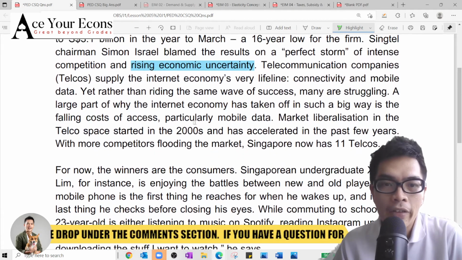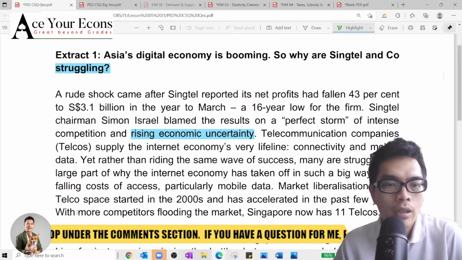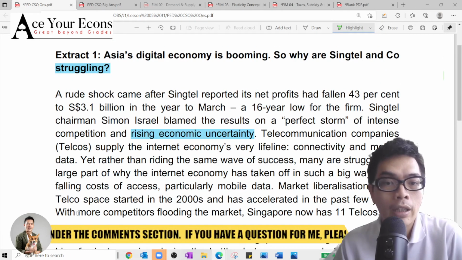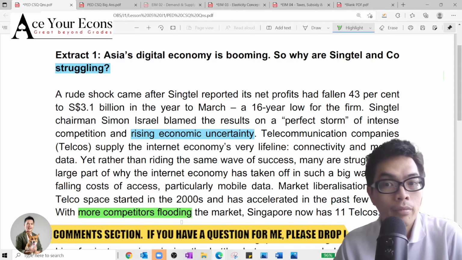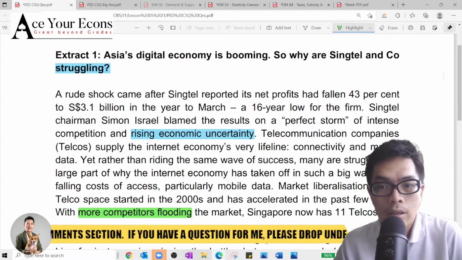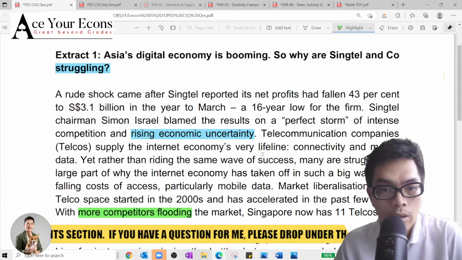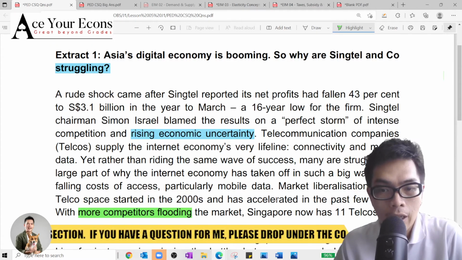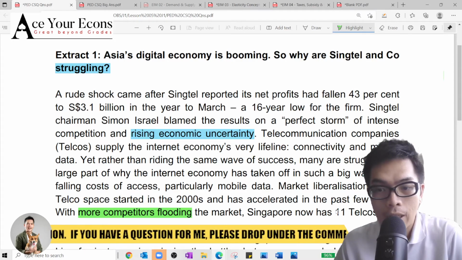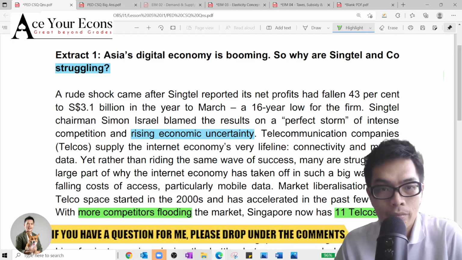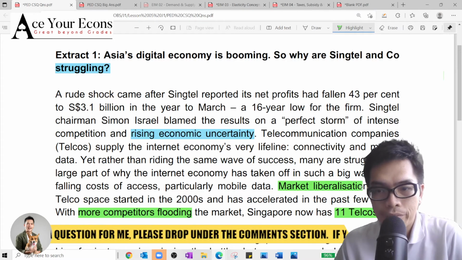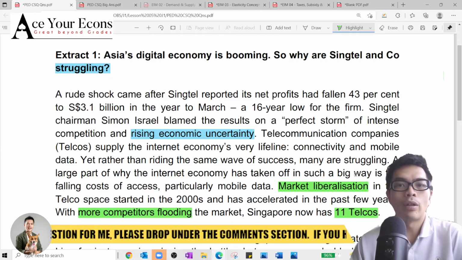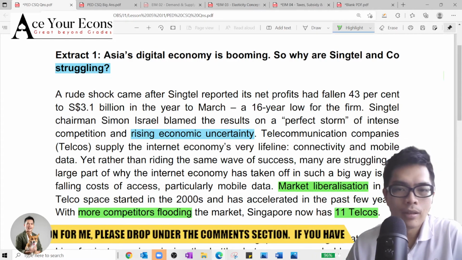The supply factor that you want to be concerned about is, there are a lot of points that are telling you that there's a supply factor. More competition, right? And there is one more. Flooding, 11 telcos. Do you see that? Market liberalization. What does liberalize mean?